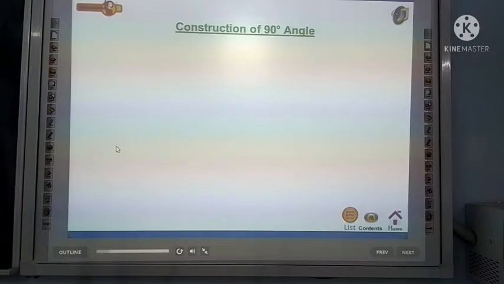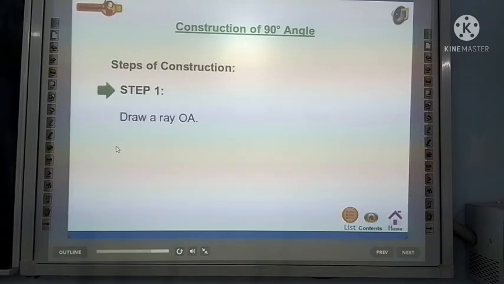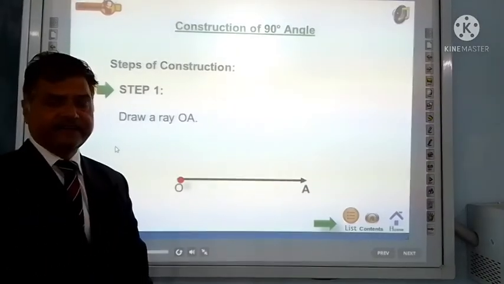Let's go through the construction of an angle of 90 degrees. Step 1. Draw a ray OA. If you want to construct a 90 degree angle by compass, then draw a line segment OA. Step 2.